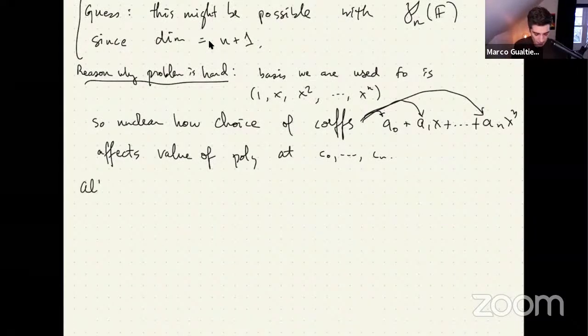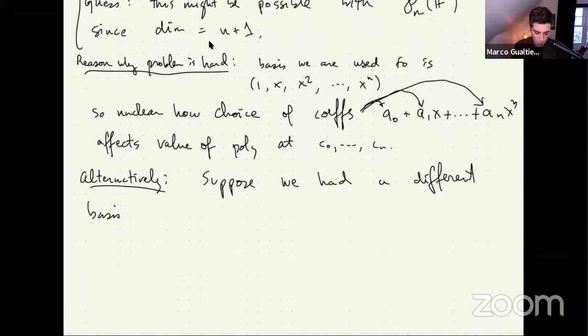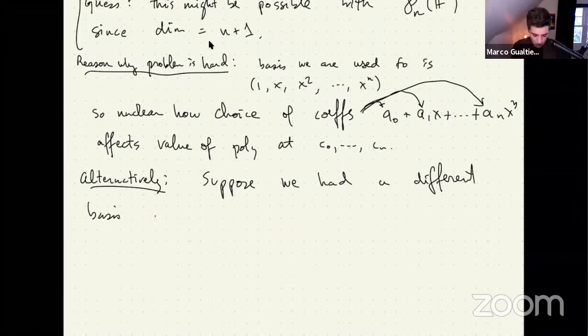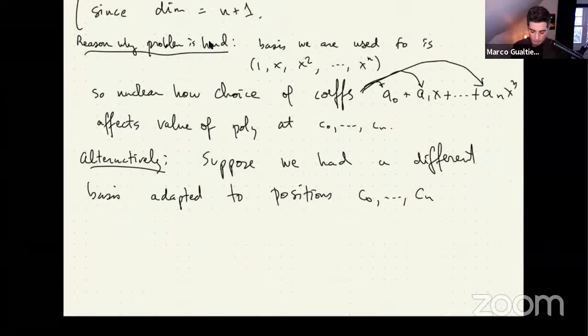So alternatively, suppose we had a different basis, which was especially adapted to the positions c0 up to cn as follows.